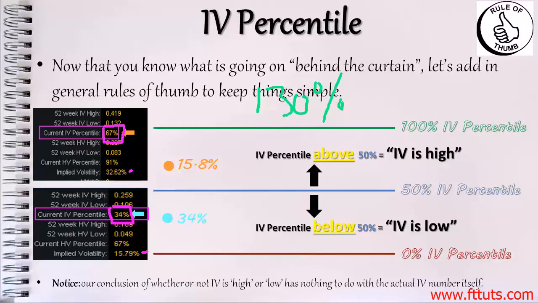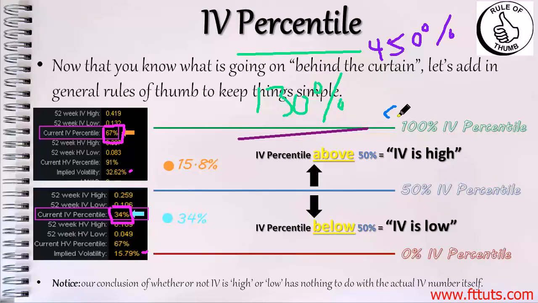That would be higher than both of these. Well, what happens if I said, all right, the upper range is at 450%, and the lower range is at, let's say, 95%.